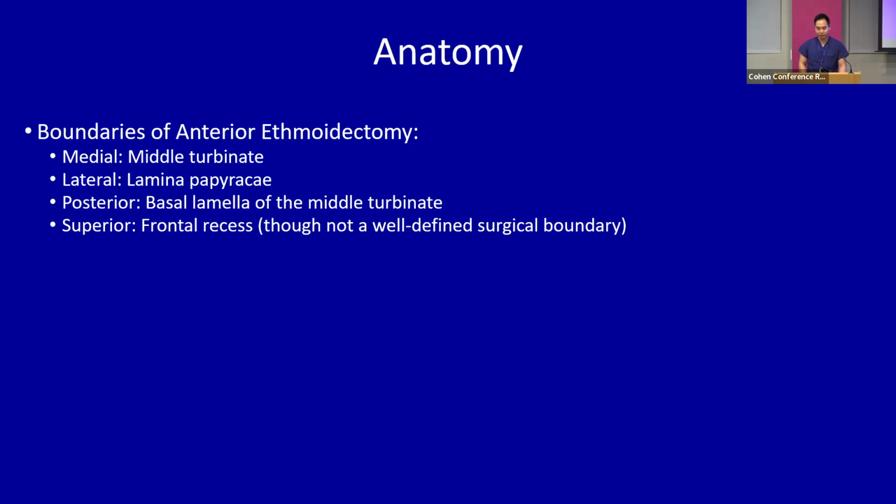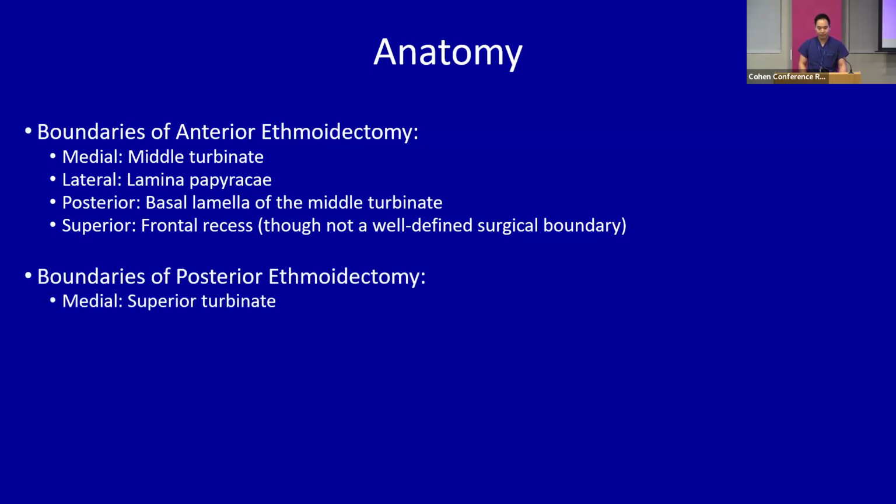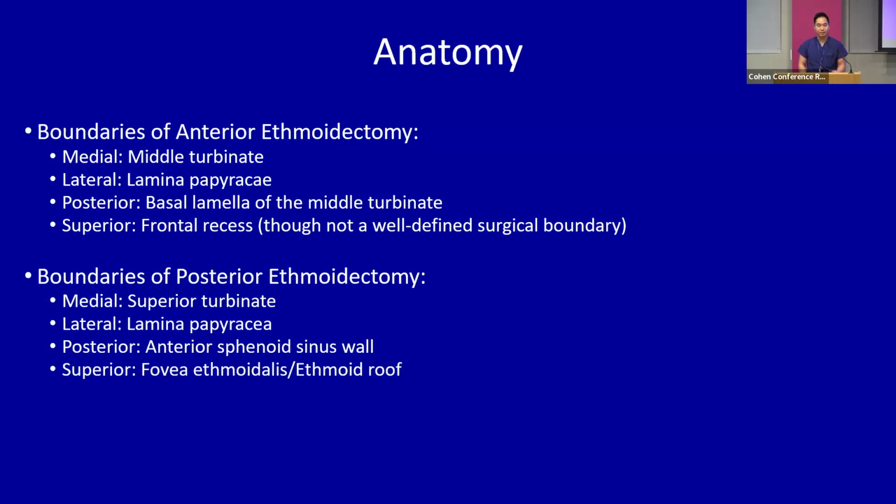Superiorly would be the frontal region. The posterior ethmoid's medial boundary is the superior turbinate, the lateral boundary is the lamina papyracea, which is again bone separating the orbit from the sinuses. Posteriorly will be the base of the sphenoid sinus wall.